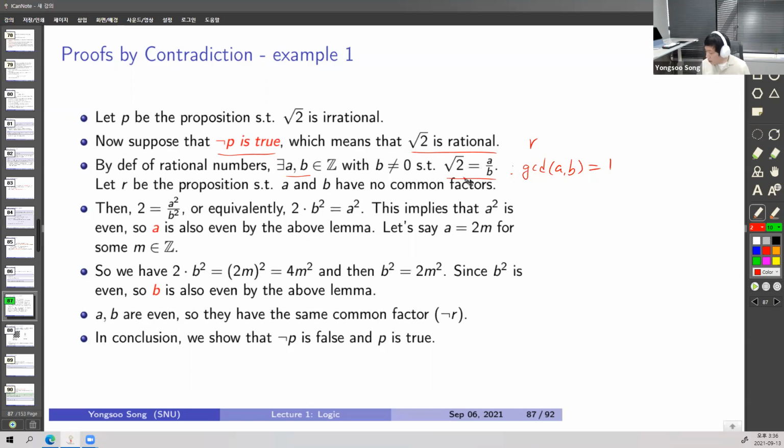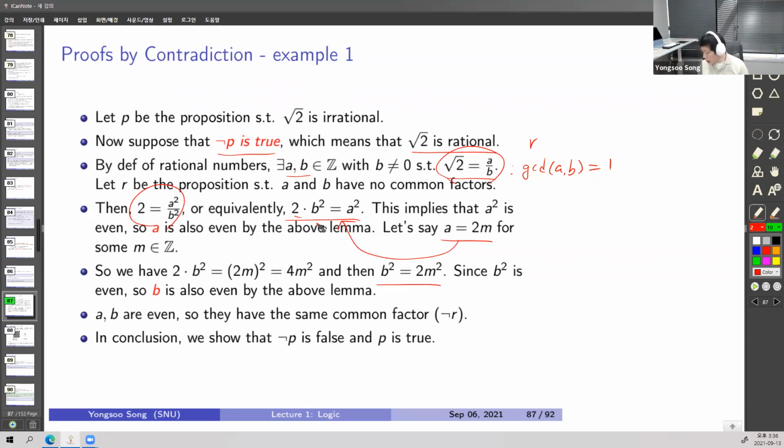But from this equation, we obtain, or equivalently obtain, this equation by squaring, meaning that A squared is an even integer because there's a two factor here. So A is an even integer, so A is equal to 2 times m for some integer m. And we plug this equation into the previous one, and we obtain another equation which has exactly the same form as the previous one.